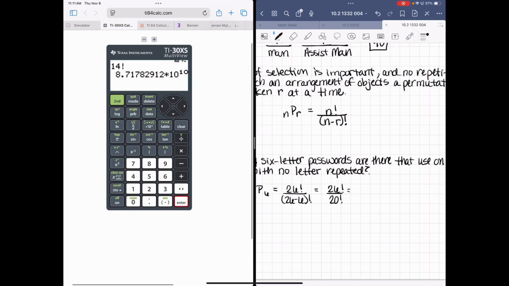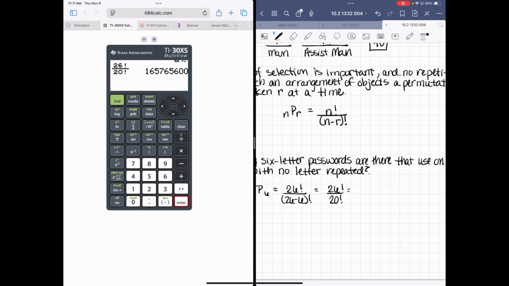There we go. Okay, so I've got 26 PRB 3. Whoops, I forgot to do my stack first. 26 PRB 3 over 20 PRB 3.